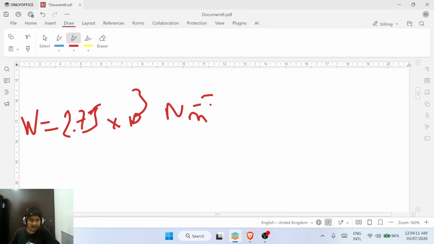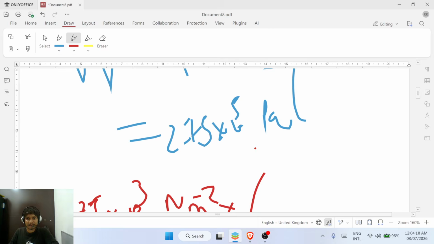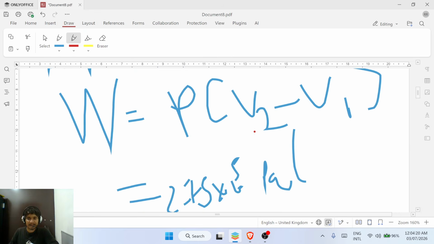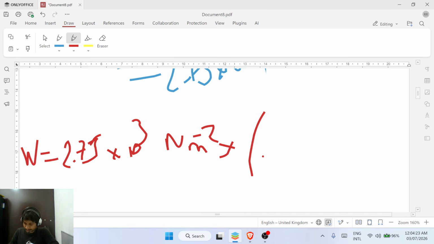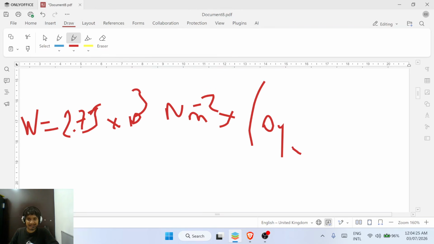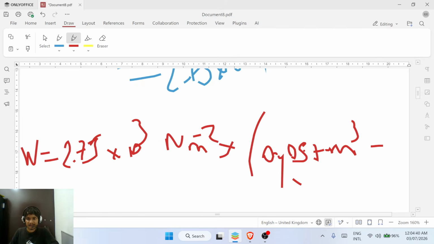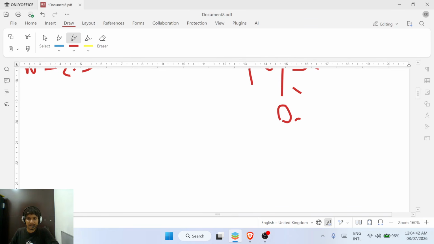W is equal to 2.75 into 10 to the power 5 Newton meter per square meter, into V2 minus V1. What is V2? We just found that V2 is approximately 0.057 meter cube. What is V1? V1 is 0.09 meter cube.